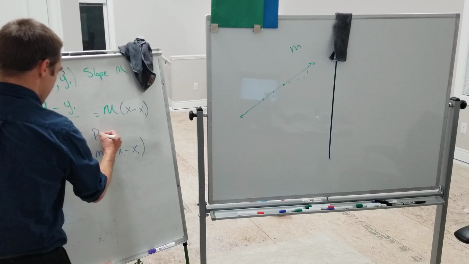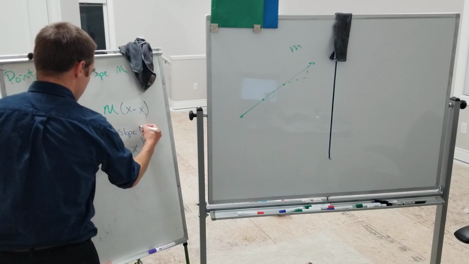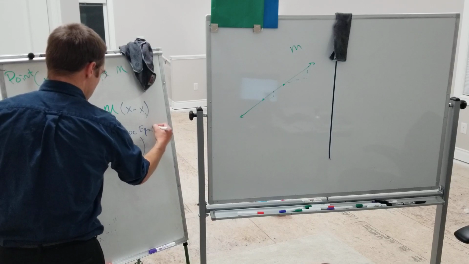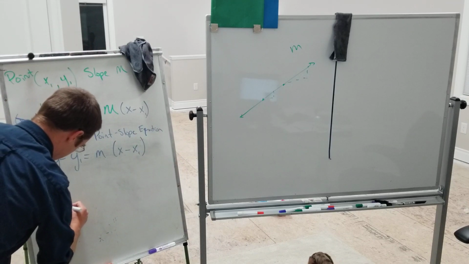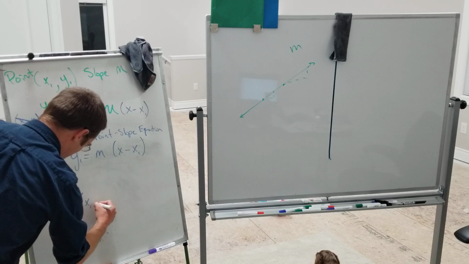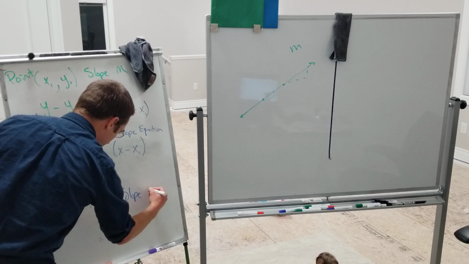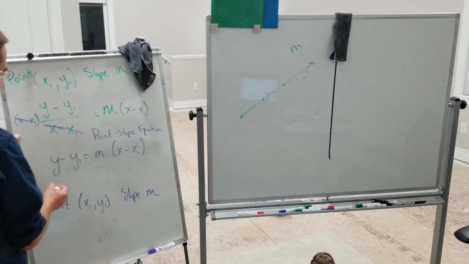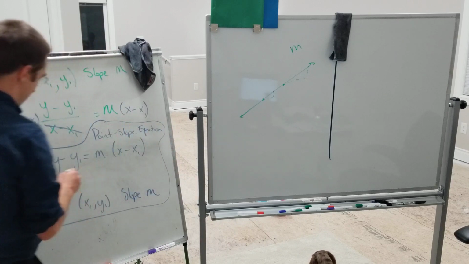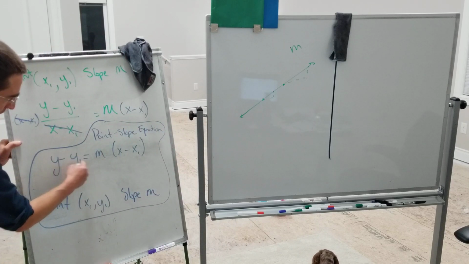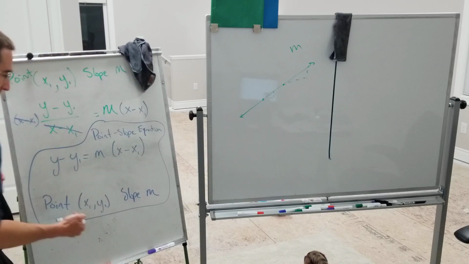And this is our point slope equation, where we have our point, x sub 1, y sub 1, and our slope, m. So this is point slope form: y minus the y number from the point equals slope times x minus the x number from the point.